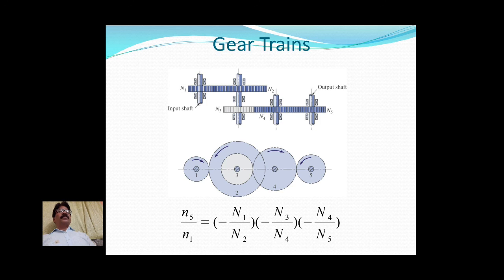So here 1, 2, 3, 4, 5 gears are there. So the gear train ratio N5 to N1 is given by N1 to N2 multiplied by N3 to N4 multiplied by N4 to N5.